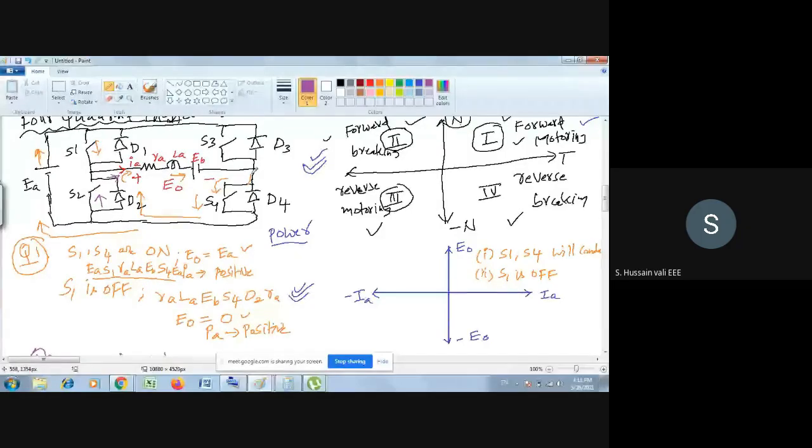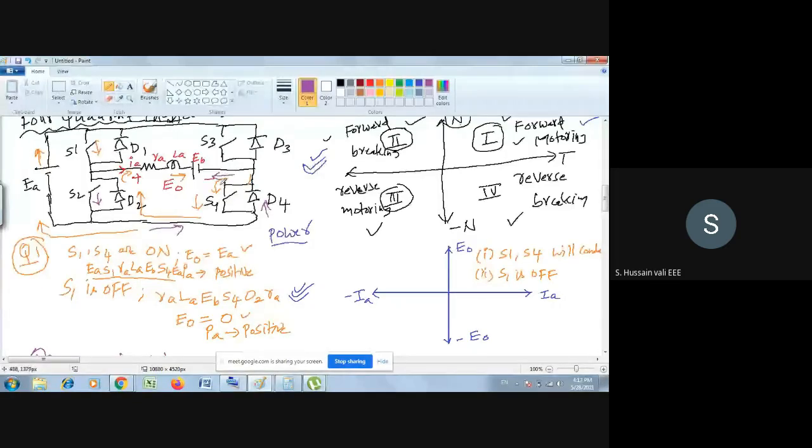Sorry, I have drawn in the opposite direction. Because the current gets reversed here, you must understand that when S2 is on, you want to operate in the second quadrant. You see here S2 is on, so it flows like this, then through this, then through D4, then through the motor. Okay, so it makes a closed path like this.